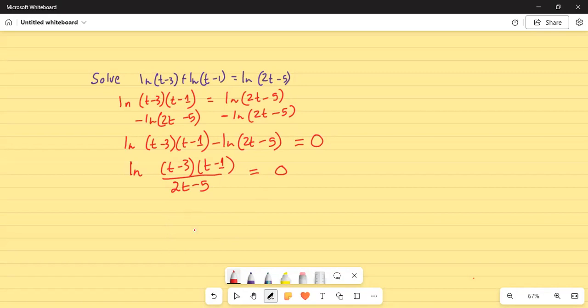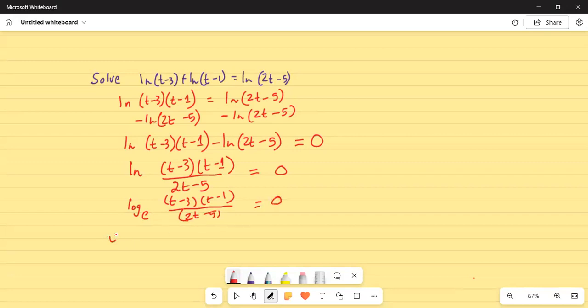Remember, ln is logarithm to the base e. So this is logarithm to the base e of t minus 3 times t minus 1 divided by 2t minus 5 is equal to 0.